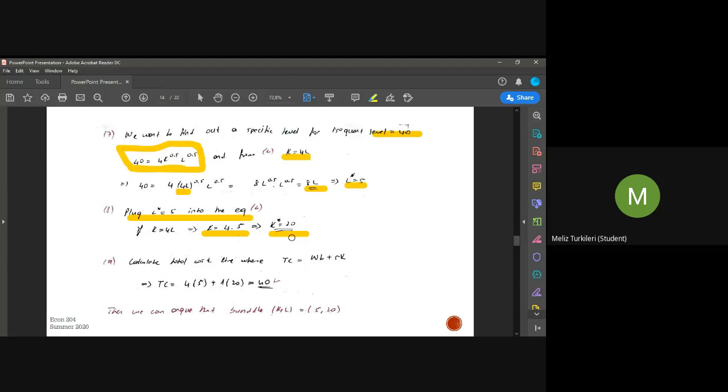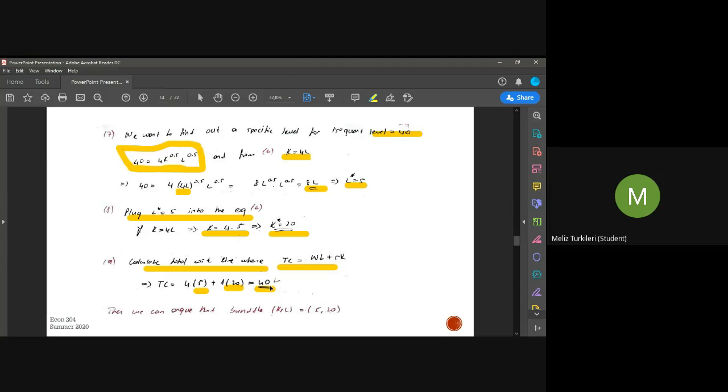As a next step, calculate the total cost line, where total cost equals wage times L plus rent times K. Since I know that L should be equal to 5 and K should be equal to 20, if you solve this total cost equation, you will find that this should be equal to 40.